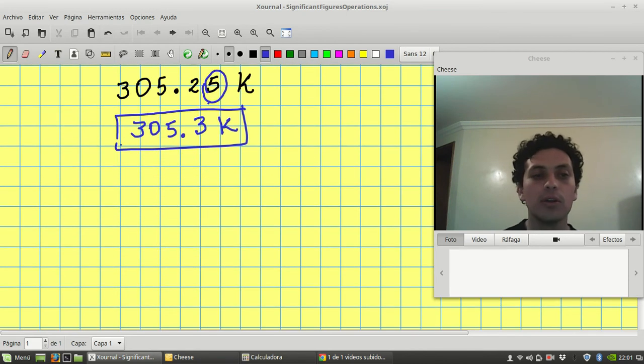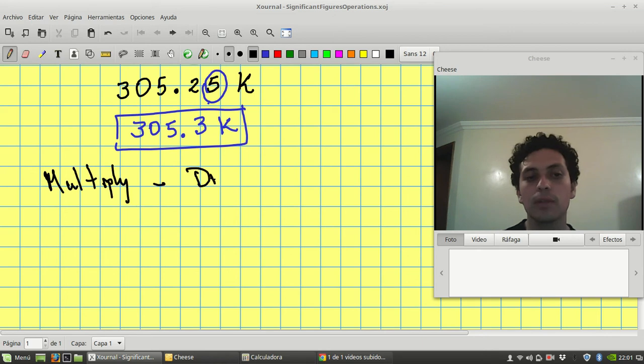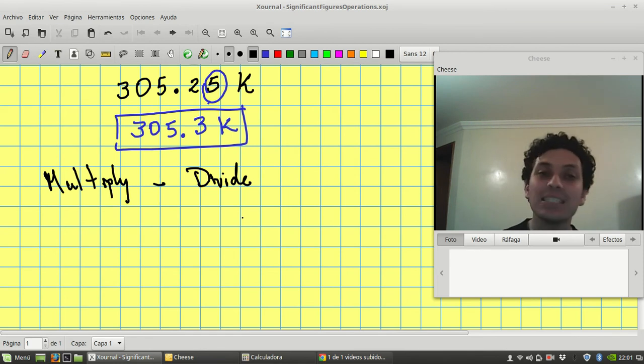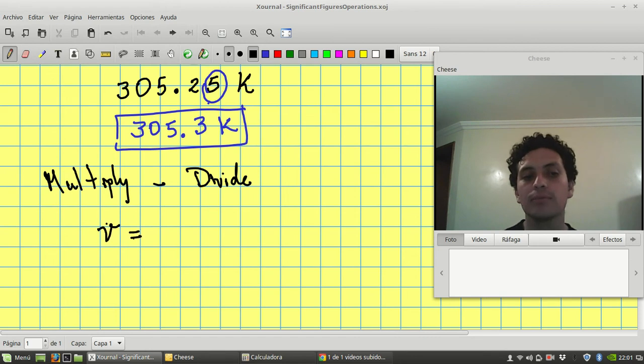But what can you do when you multiply or divide? Okay, multiply or divide. When you multiply or divide, what you have to do is just to keep the least number of significant figures. The least number of significant figures. So for example, let's say that we want to determine a constant speed, okay?